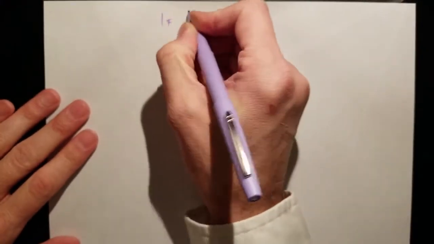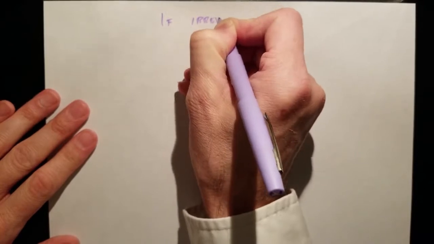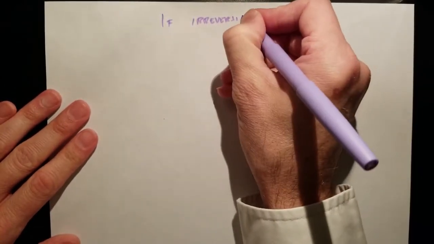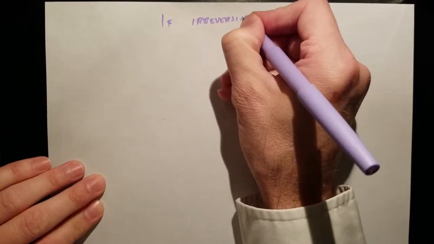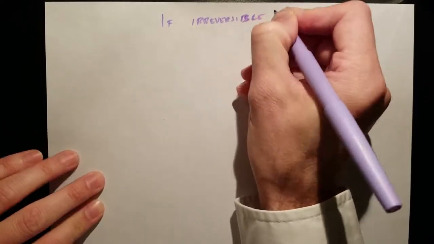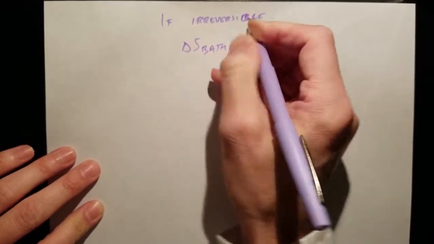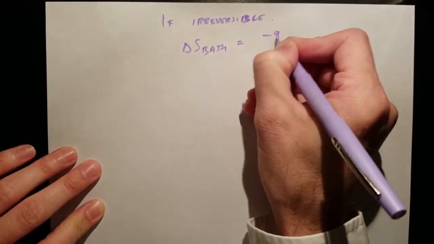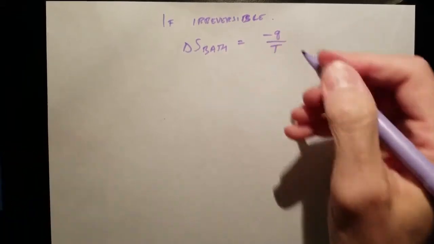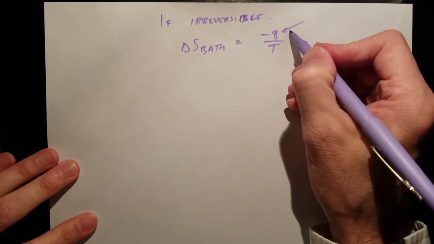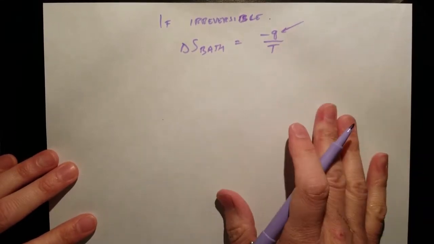If, however, it's irreversible, then delta S bath is equal to negative Q over T, and that's the heat transferred into the system from the bath.